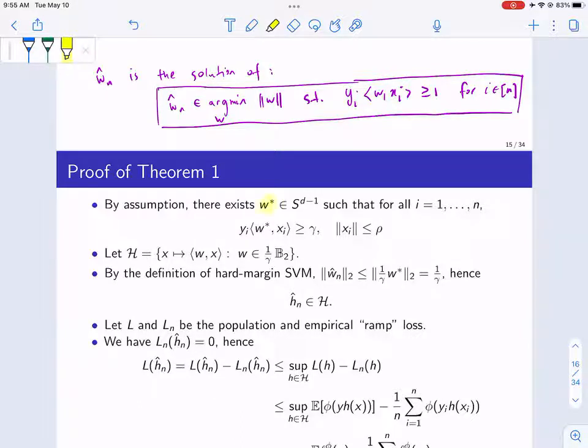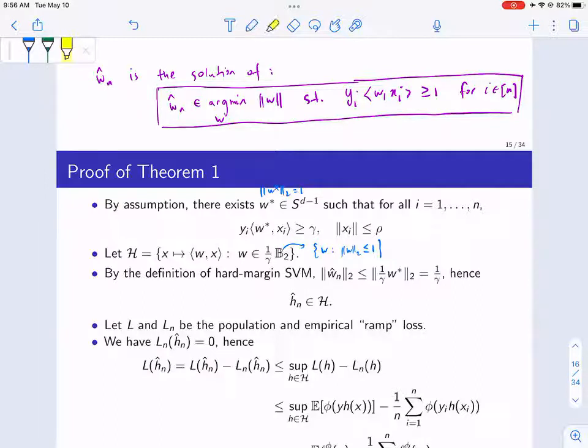So there's w star in S^{d-1}, so this is w star with norm 2 equal to 1, such that this margin condition and this bounded assumption hold. And then I'll look at the set of all linear functions like this, for which w is in 1 over gamma times the ball of radius 2. Right? So this is the set of all w such that norm w 2 is less than or equal to 1 over gamma.